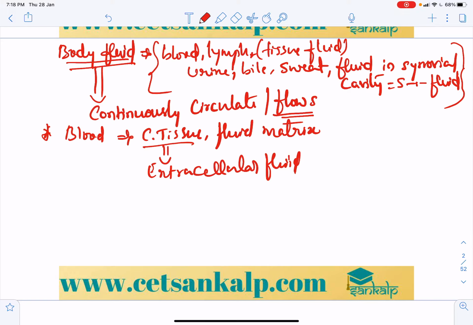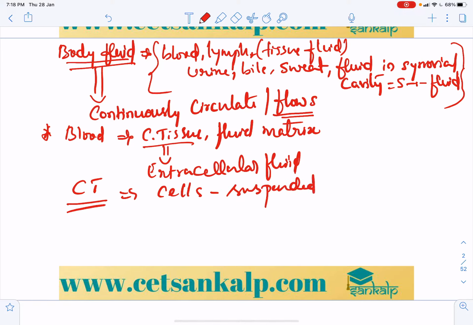Why do we consider this a connective tissue? Here, the cells which are there are suspended. Cells are suspended in a liquid medium.